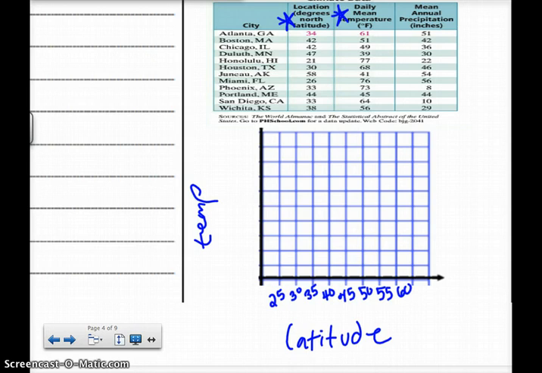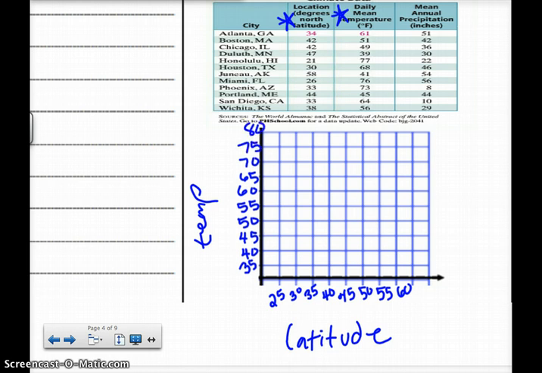My temperatures go up to, I have a 77. What's my lowest? I have a 39. So I'm going to start with 35 and go by 5s. There's going to be a couple values that are a little off the graph, but I can handle those. So 35, 40, 45, 50, 55, 60, 65, 70.